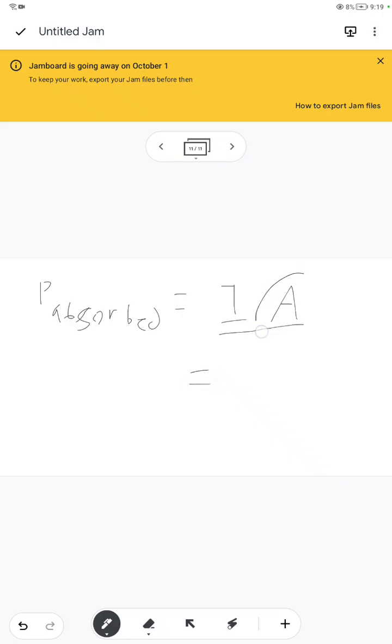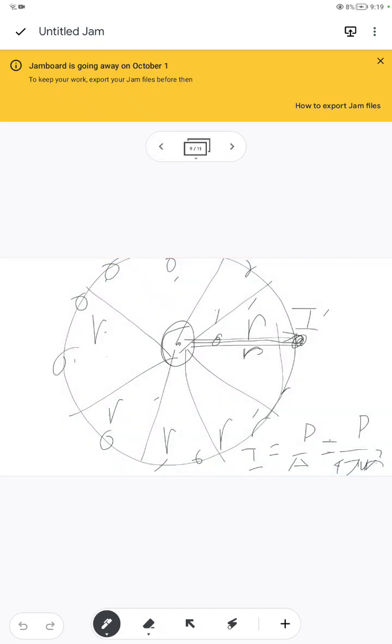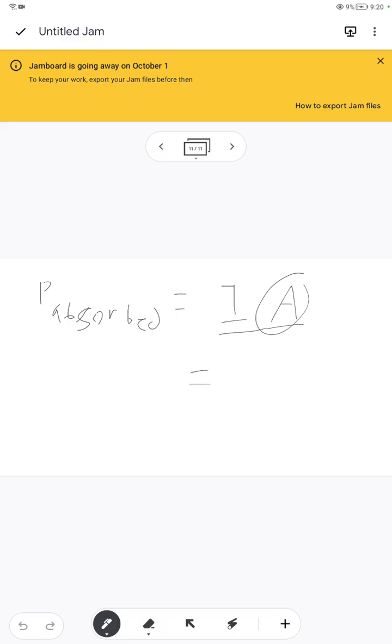So here area is basically a very small part of this sphere, if you notice. This is a huge sphere and here we have a solar panel. So this solar panel will only receive a certain amount of heat, right? The total heat is received by this huge sphere, but the solar panel will only receive a very small portion of this heat. So here the area will be the area of the solar panel.